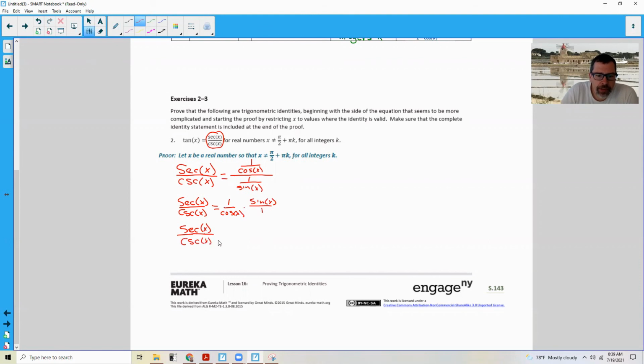Notice the left side never changes. Sine of x times 1, cosine of x times 1 will give us sine of x over the cosine of x. And then finally, sine x divided by cosine x is tan x. So therefore, secant x over cosecant x equals the tangent of x, where x cannot equal pi over 2 plus pi times k.